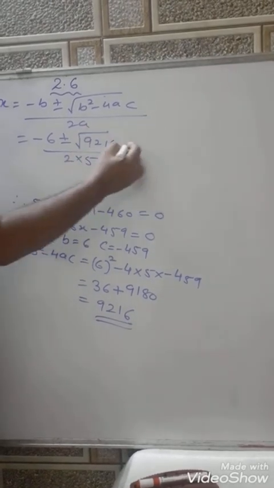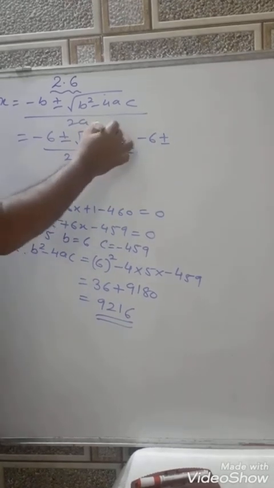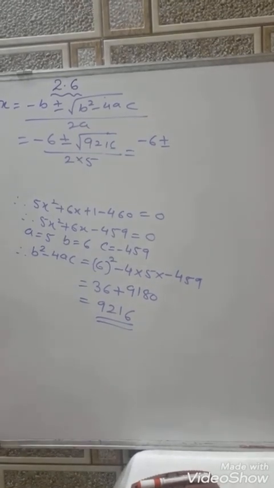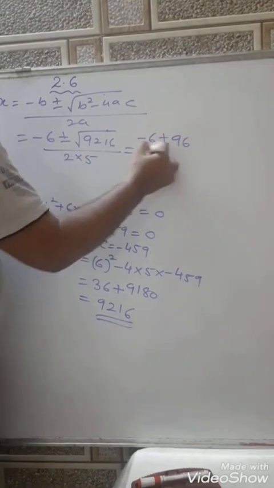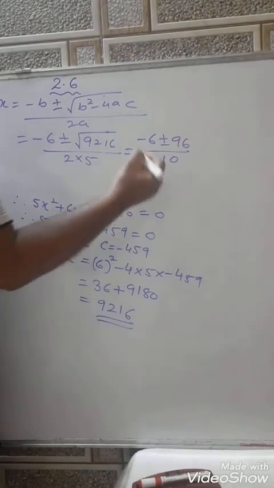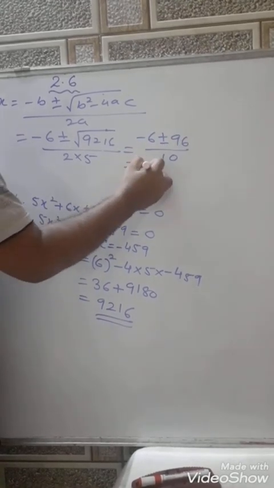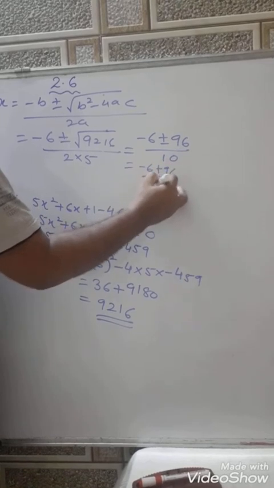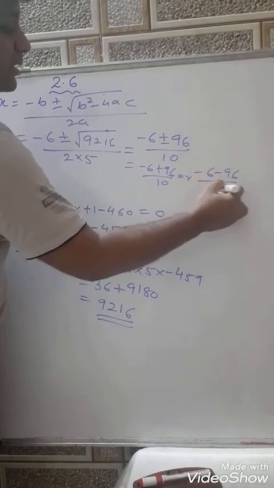So that is 10. The square root of 9216 is 96. So you get minus 6 plus 96 upon 10 or minus 6 minus 96 upon 10.